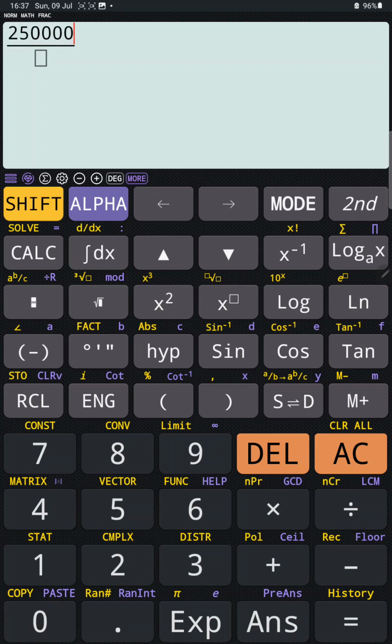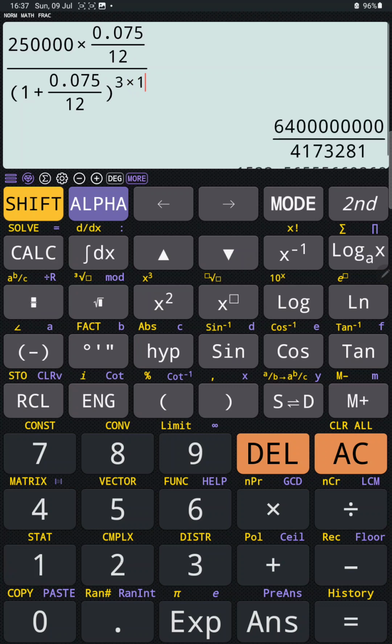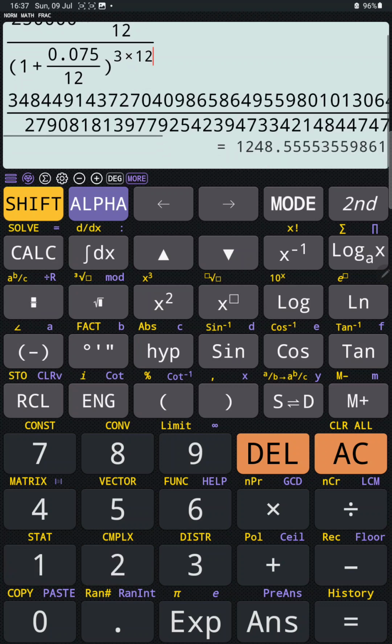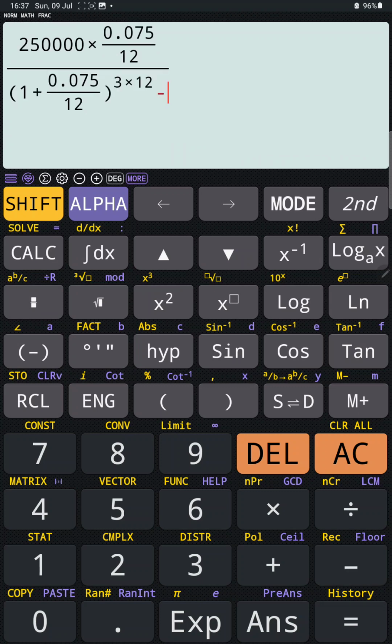From 250,000 multiplied by 0.075 and divided by 12, and then under the brackets we've got 1 plus 0.075 divided by 12, then to the power 3 times 12. Let's check the answer there. Oh, sorry, I forgot that minus 1 there.